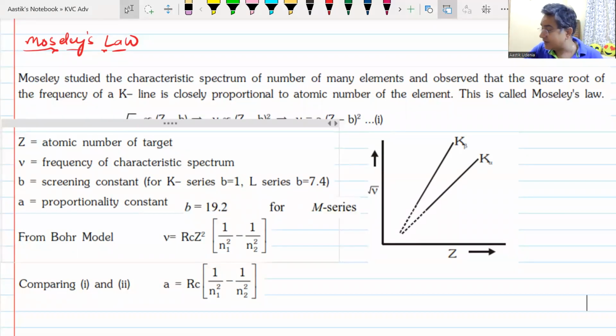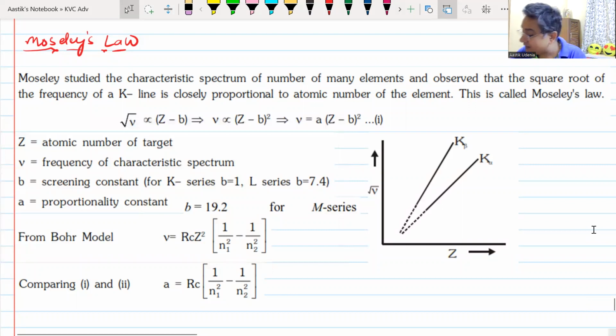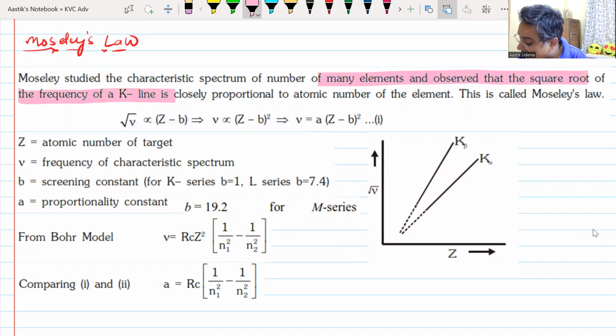modern periodic table. He studied the characteristic X-rays of many elements and observed that the square root of the frequency of the K alpha line is directly proportional to the atomic number, or frequency is proportional to (Z minus b) the whole square, or frequency is equal to a times (Z minus b) square, where Z is the atomic number, f is the frequency, b is a constant which is known as screening constant.